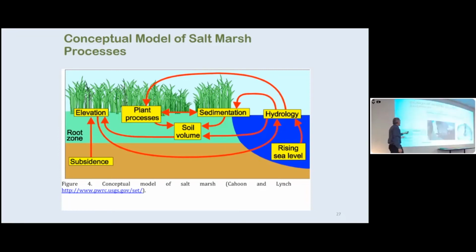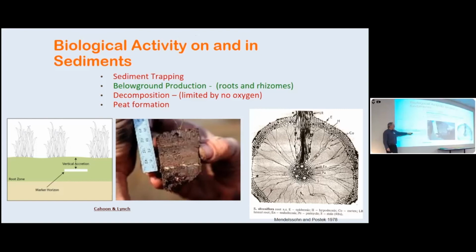And we can see that if we put a little bit of feldspar clay down on the surface of the marsh and come back in 10 years, we can see that little bit of clay and see how many centimeters, 3.5 centimeters, 35 millimeters grew up over the top of that. If that was 10 years, it'd be 3.5 millimeters a year, which is maybe a little bit more than historical sea level rise, but probably a little less than what we're experiencing now.